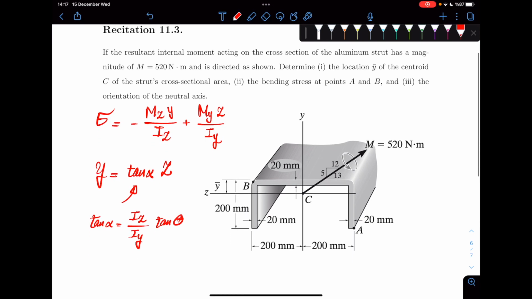Okay, and tangent theta was basically the angle that you had between these two moments, My and Mz. All right? So in that sort of example, we chose this convention. So this was our angle theta, okay? And based on that, you would calculate your angle alpha.